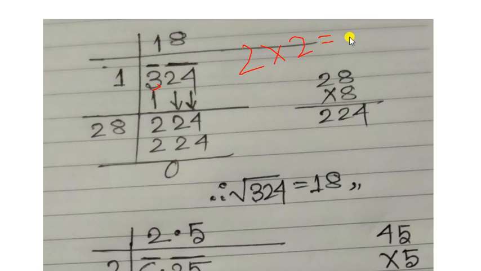That means we cannot take 2, so we have to take only 1. Whichever number you take, that same number you have to put in the quotient place also. So 1 into 1 is 1; you have to keep it under 3.